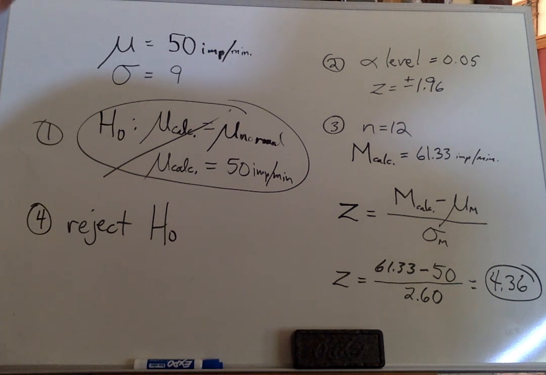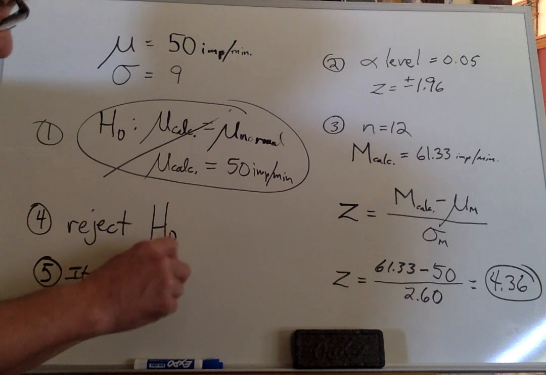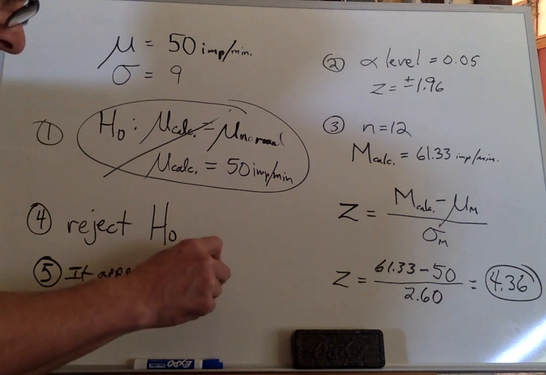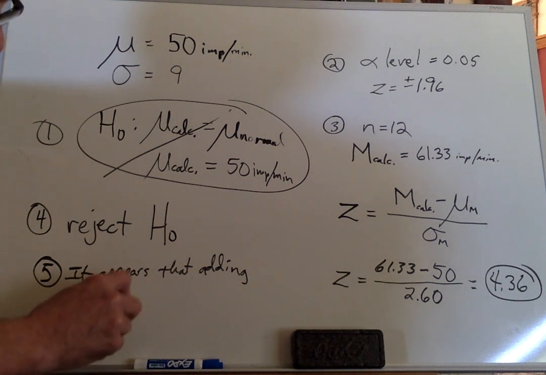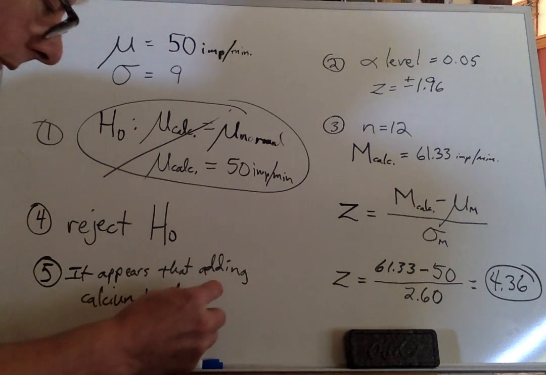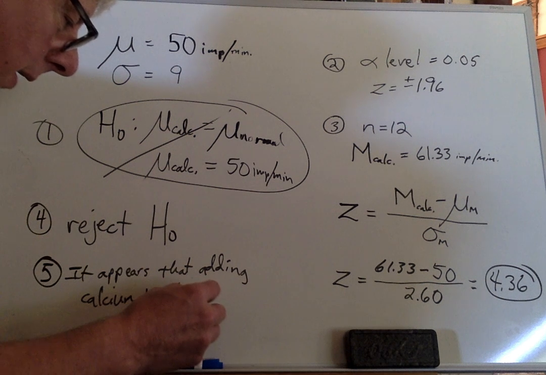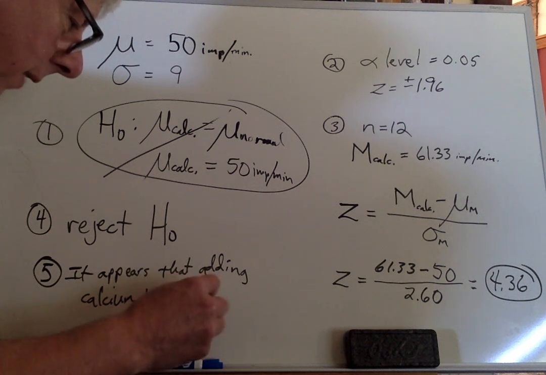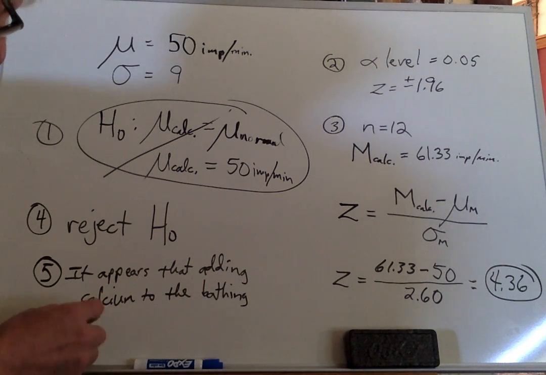Okay? And now, step 5, it appears that adding calcium to the, what do we want to call it? Adding calcium to the bathing solution, because these cells are going to be in a solution, okay?